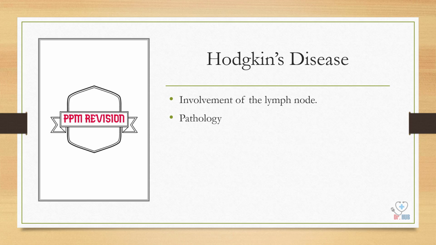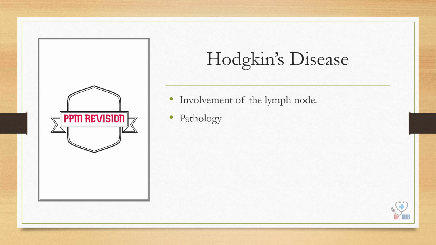In case of a sectioned surface, the lymph node appears grey white and fish flesh like. Nodular sclerosing type of Hodgkin's disease can show mixed cellularity, and the lymphocyte depletion type of Hodgkin's disease may show abundance of necrosis.